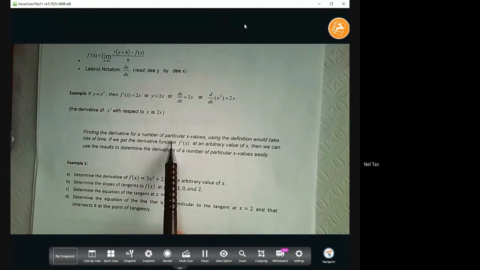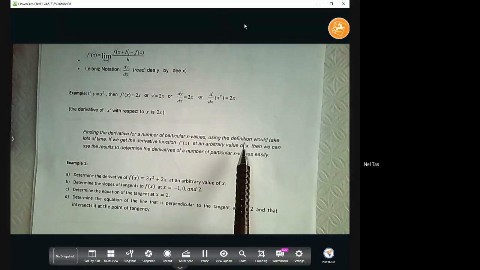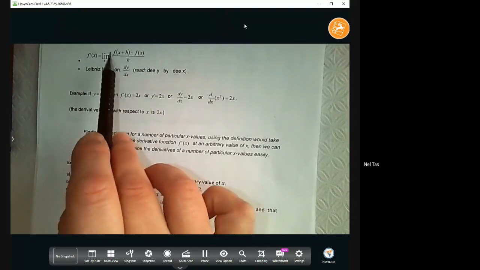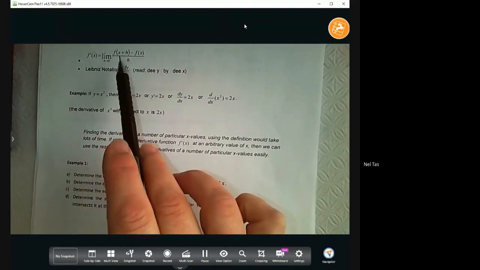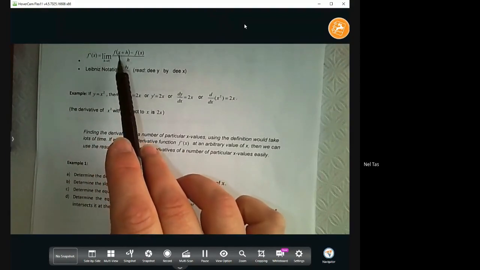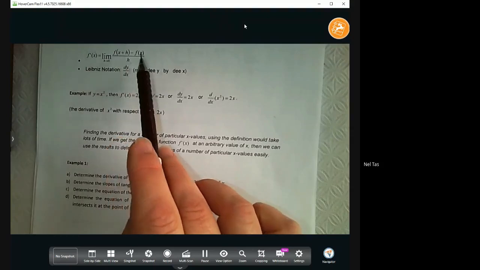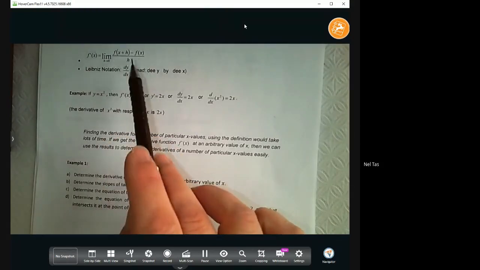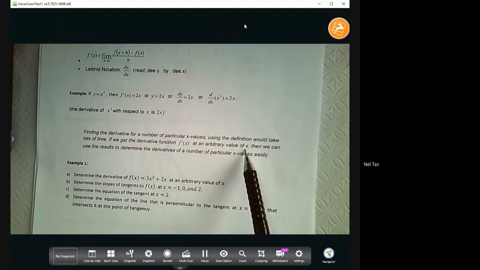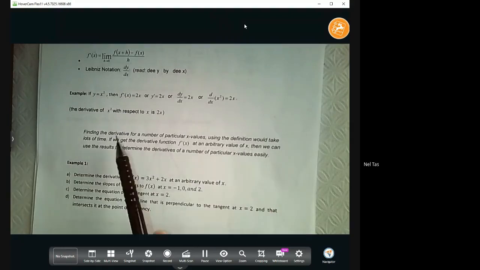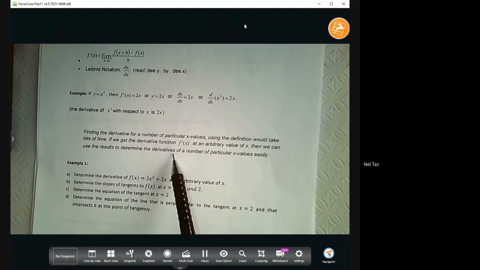Finding the derivative for a number of particular x values using the definition would take lots of time. If you do it for x equals 2, x equals 3, x equals 5, you have to repeat this process many times. But if we get the derivative function f prime of x at an arbitrary value of x, then we can use the result to determine the derivatives at particular x values easily.